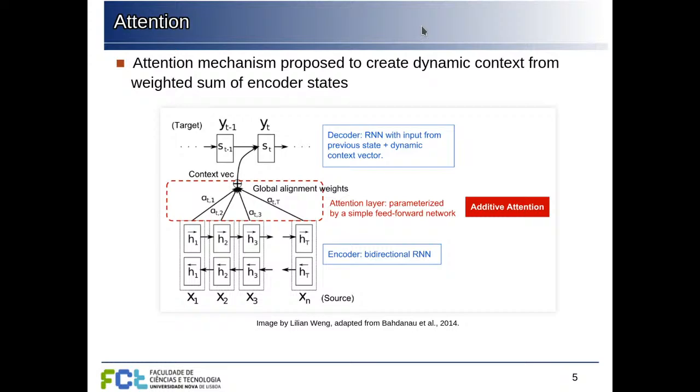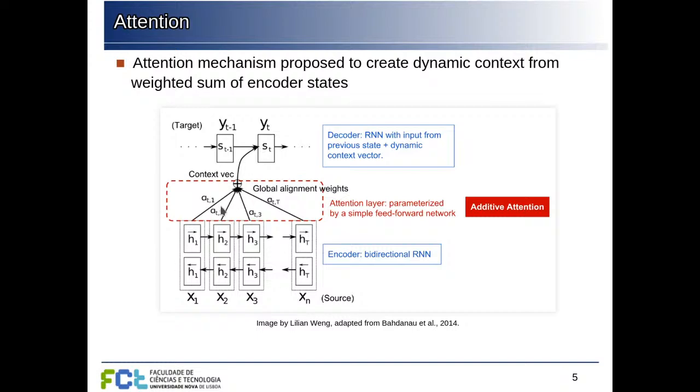So the initial idea was that instead of generating a fixed context vector, the context vector could be dynamic, and the network learned to create the context vector by looking at the different states of the encoder. So this would be the encoder. It's a bidirectional network, and it's taking in, for example, the words in English, and this layer here learns the different weights, the different parameters, to give different weights to different states of the encoder.